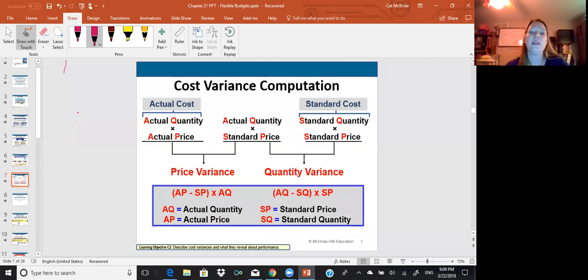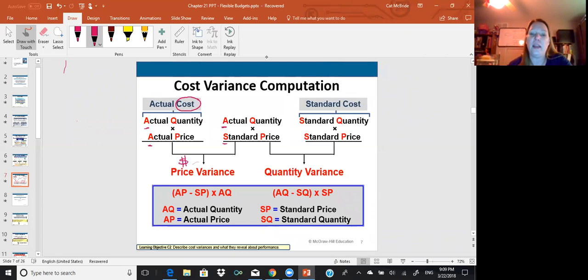All right, so when we look at the left-hand side, we're comparing cost, right? And this is actual. So here we want to figure out the dollars, the price. The way we're going to do that is actual quantity times actual price, and actual quantity times standard price.